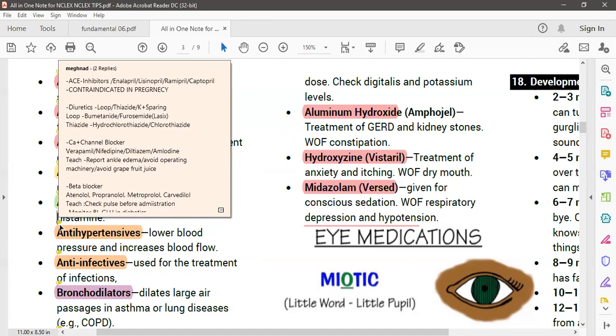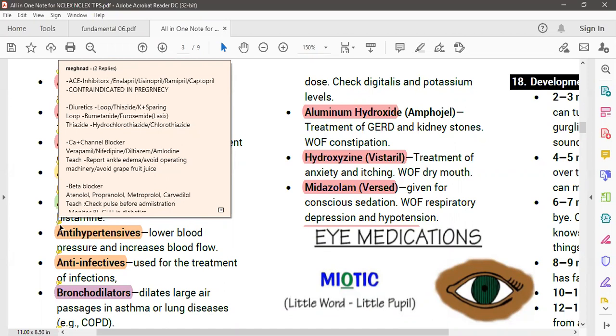I'm talking about the ACE inhibitors. The most common medications we use are angiotensin converting enzyme inhibitors like enalapril, lisinopril, ramipril, captopril, or fosinopril, right? The ending of this group is pril, P-R-I-L.